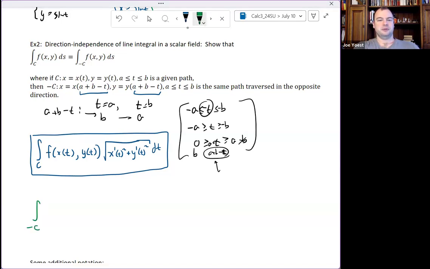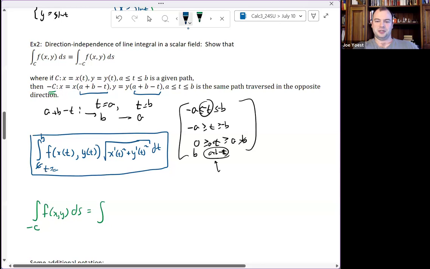So then the integral over minus C of f of x and y ds is going to be the integral. Oh, and I should say up here, integral t equals a to b, because I switched to t midstream there.